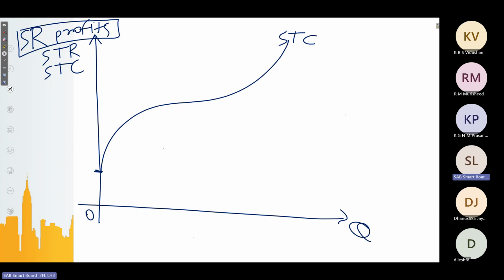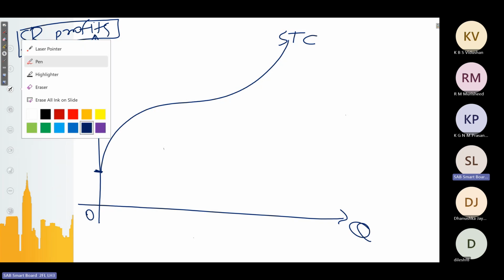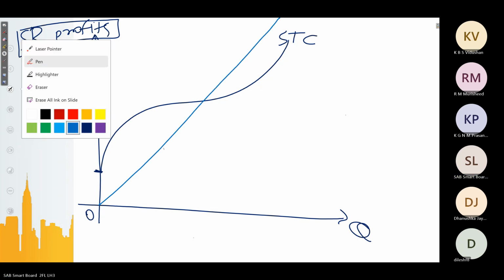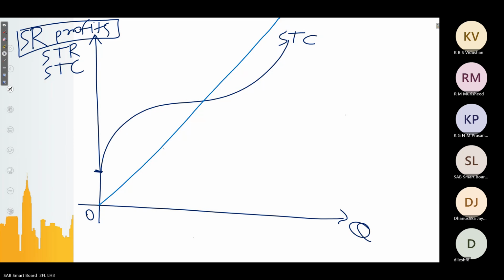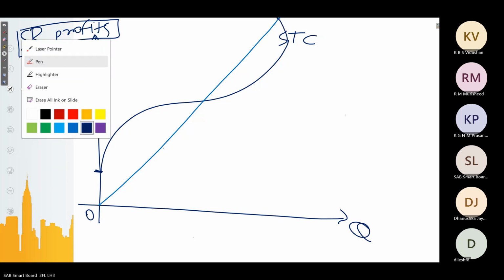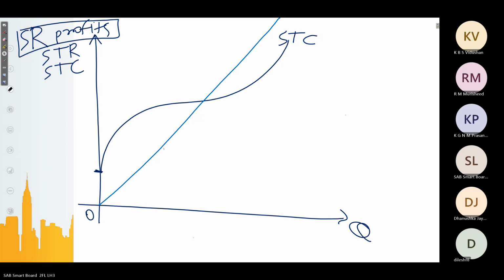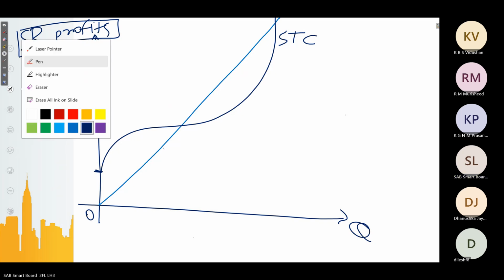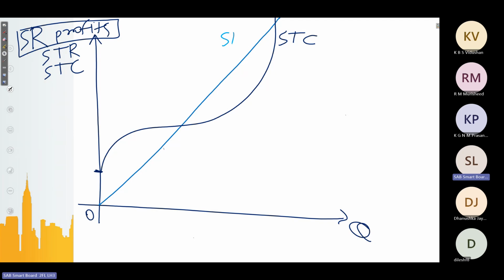And what about the short run total revenue curve? Short run total revenue curve is a straight line because price is fixed.